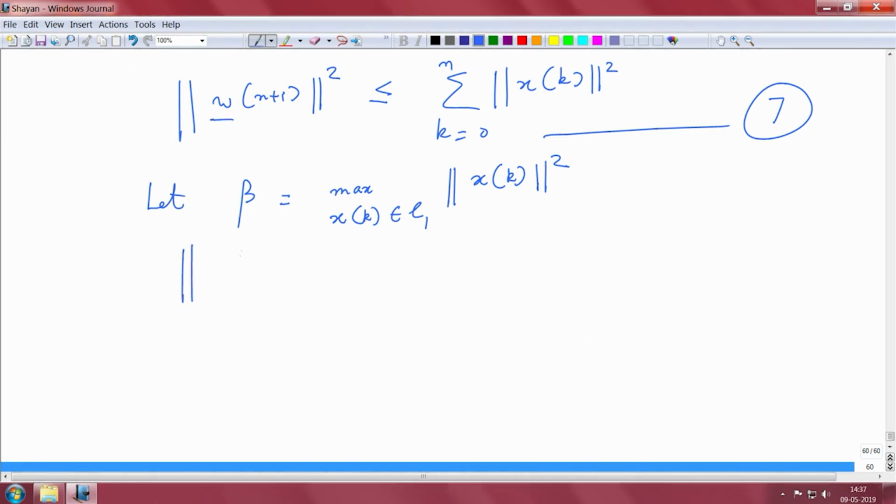So, the norm of W n plus 1 squared is less than or equal to n plus 1 times beta. Now, let us call this equation number 8.